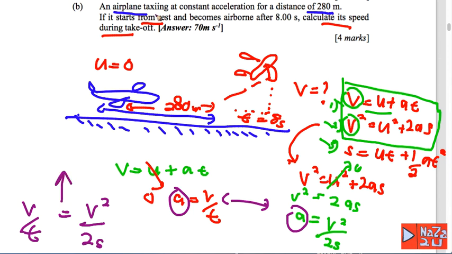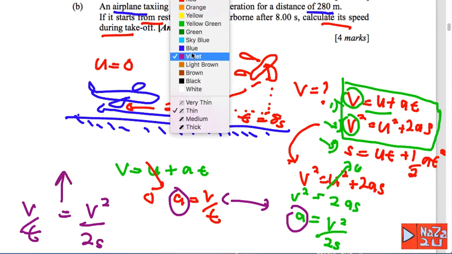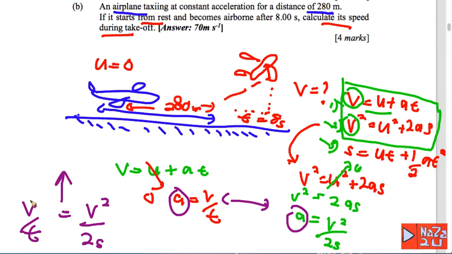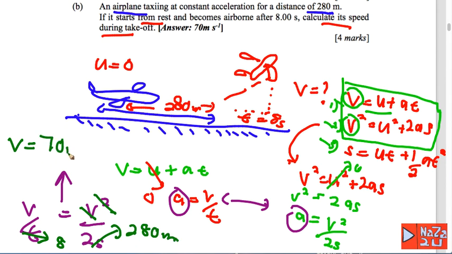From here you can find the value of v, because we can cancel one v here. The time taken is 8 seconds, so t is equal to 8, and the distance is 280 meter. So now you can find the value of v is 70 meter per second, or the speed during the takeoff is 70 meter per second, right? So that's all.